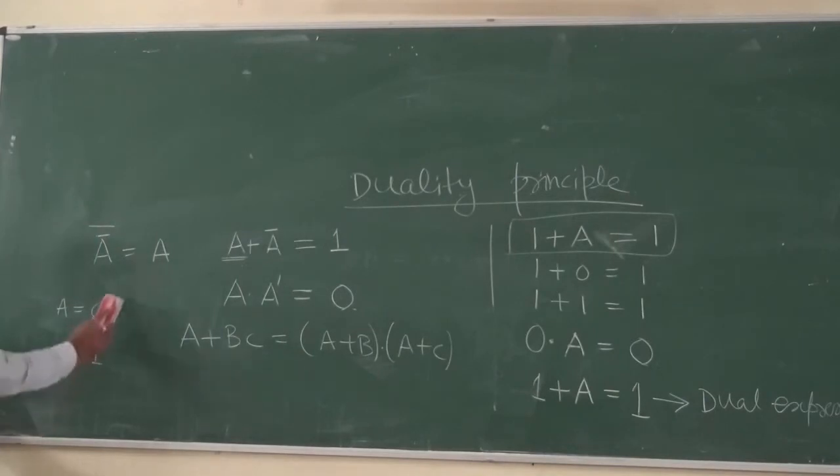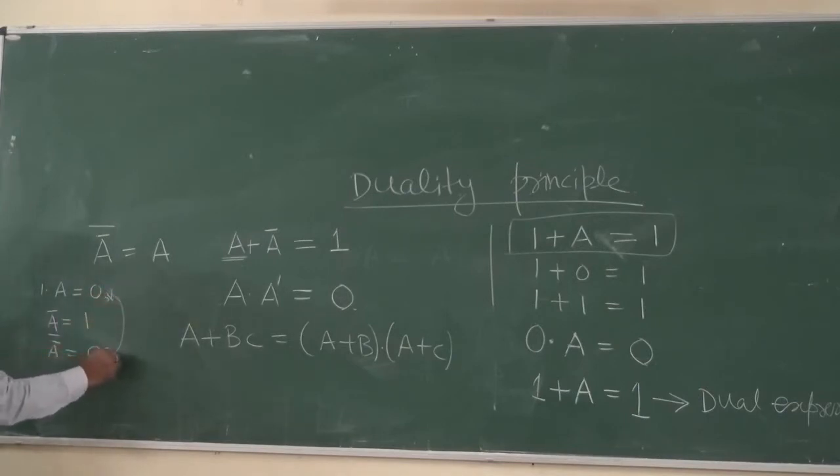So for the first case, A is equal to 0, then A complement is equal to 1, and A double complement is equal to 0. So both are the same: A double complement is equal to A.